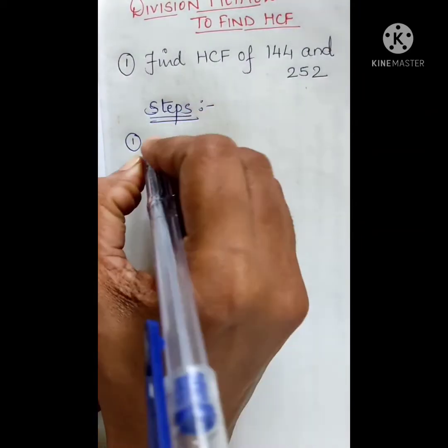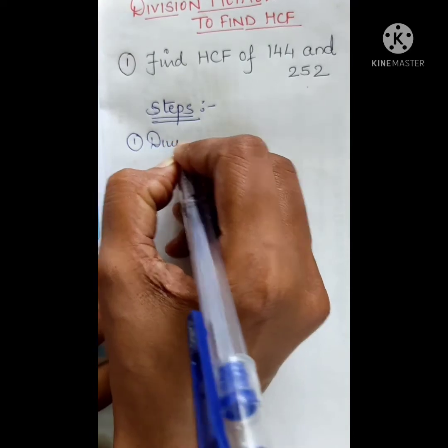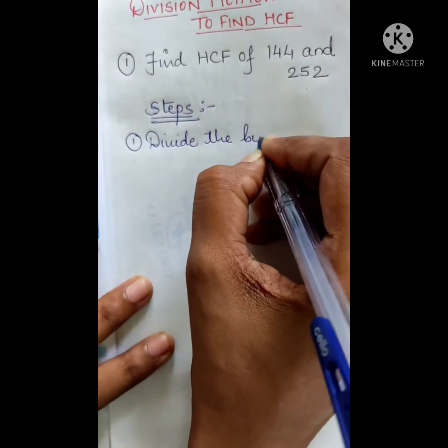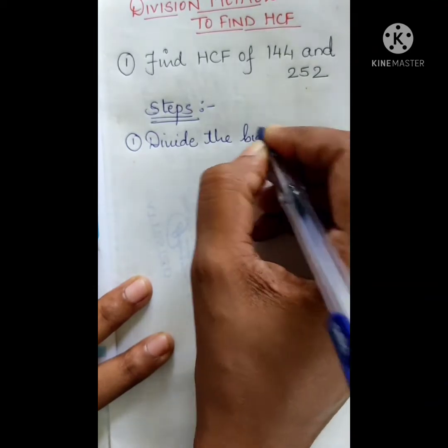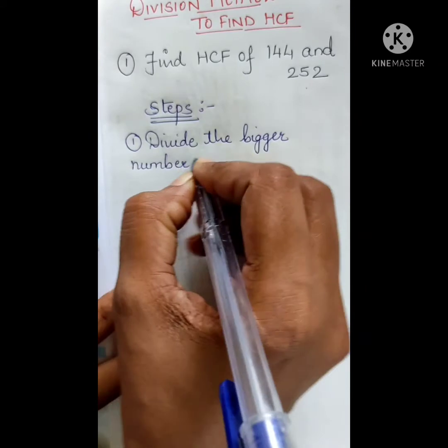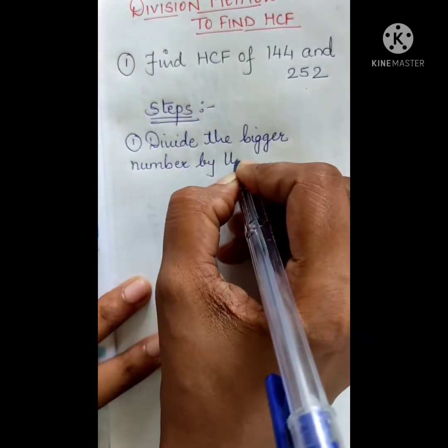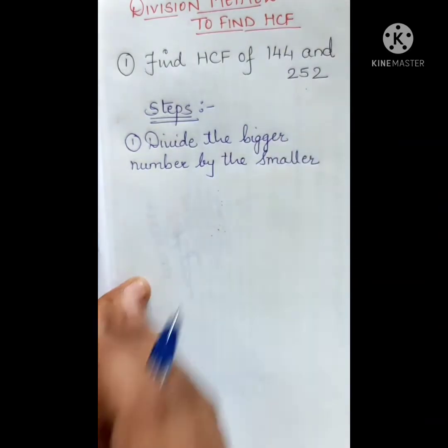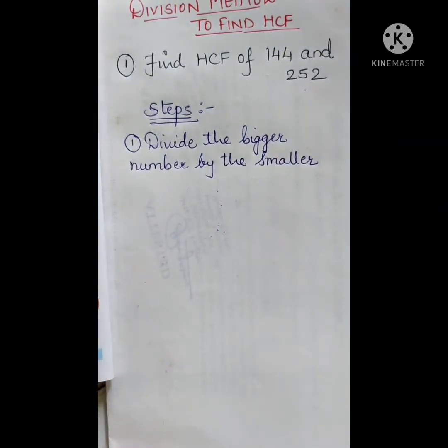Now the first step will be: divide the bigger number by the smaller one. So the first step is divide the bigger number by the smaller.